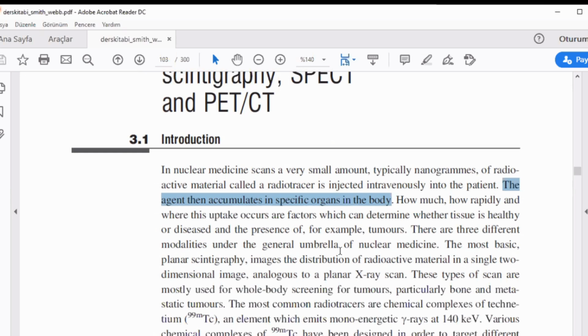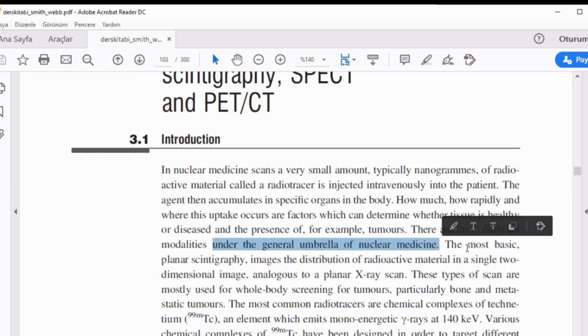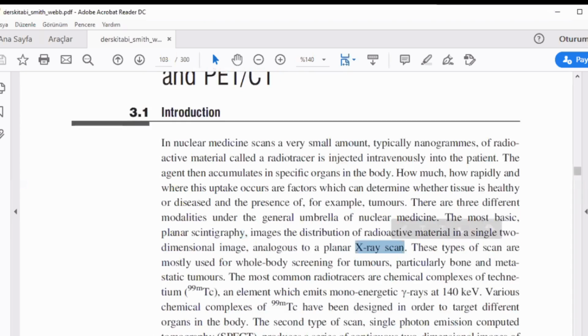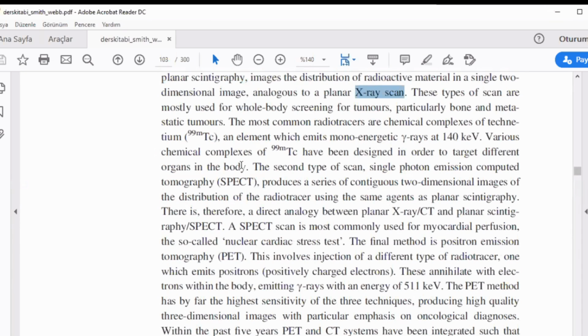There are 3 different modalities under the general umbrella of nuclear medicine. The most basic one is planar scintigraphy, the topic of session 1, and it's very analogous to an X-ray scan, giving an image in 2 dimensions. Good for screening tumors, metastases, etc. The most well-known pharmaceutical is technetium-99m.